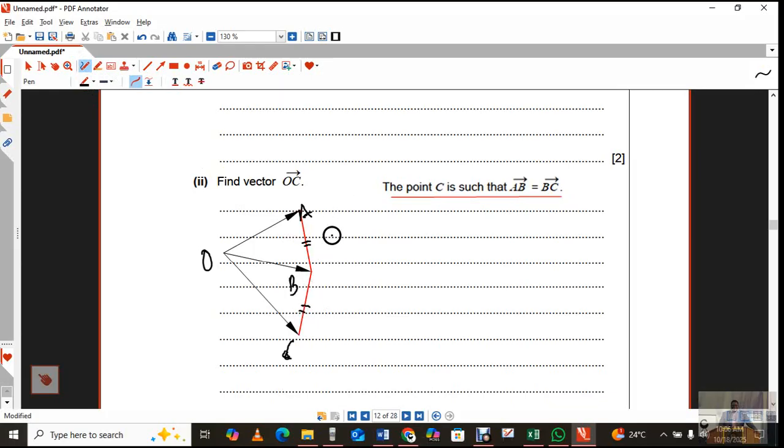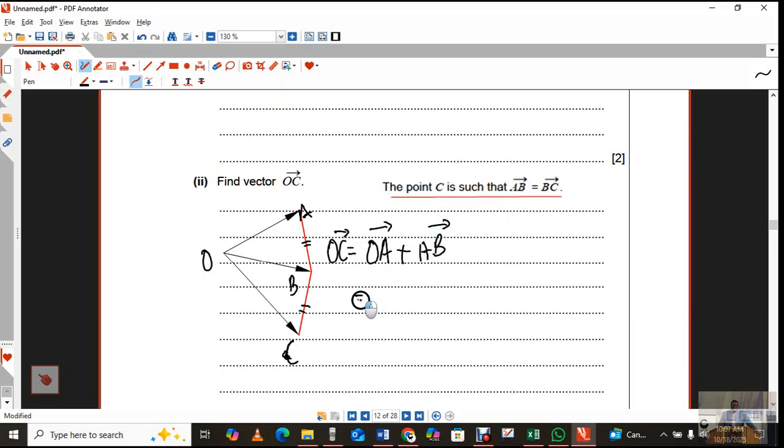Right, so looking at this diagram, if you want to go from O to C, you can take the route, think of it as a route, OA. So this is me going from O to C. That's OA plus AB, because since AB is equal to BC, that's all I need, okay?